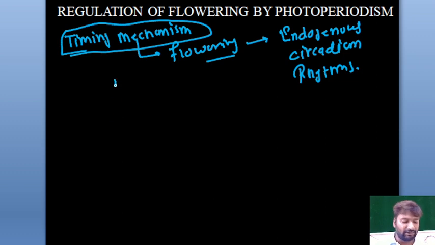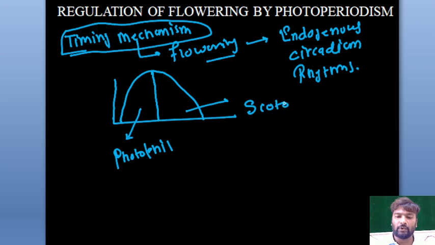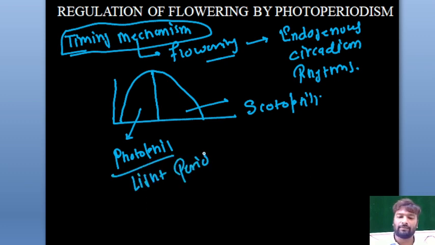This circadian rhythm contains two halves: one is the photophil, the light period, and the second is the scotophil, known as the dark period.